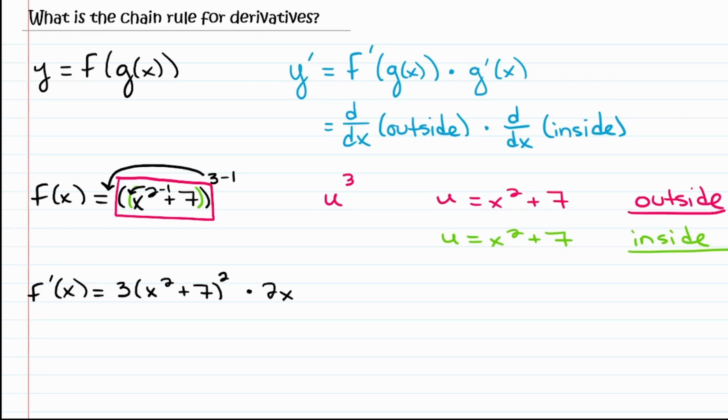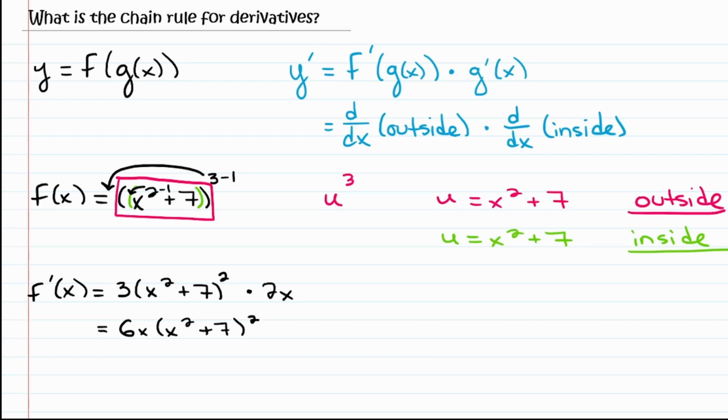Let's simplify this a bit and combine our 3 and our 2x. That would be 6x times x squared plus 7 to the second power.